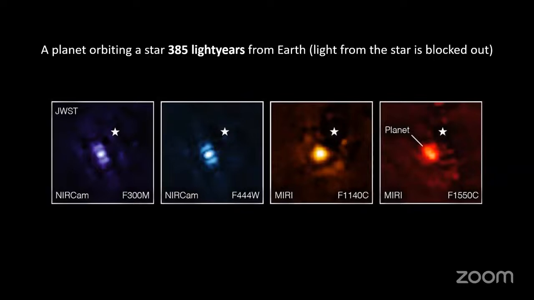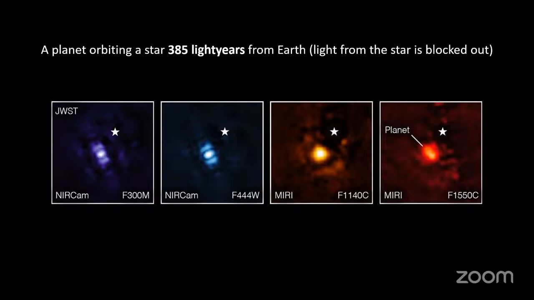We can move further away in our own galaxy, about 400 light years away from the Earth. And JWST has been able to, in this system, for example, directly take an image of a planet orbiting another star. So the light from the star would normally be thousands of times brighter than the light from the planet that you're trying to see. But you can use special techniques to block out the light from the star.